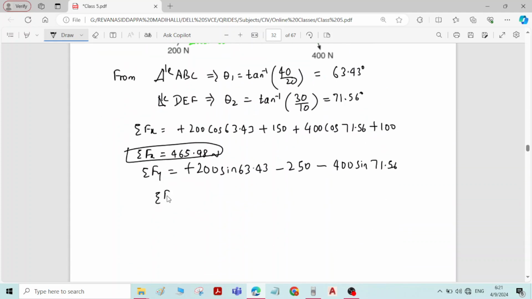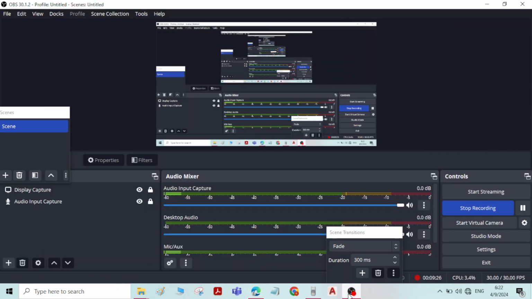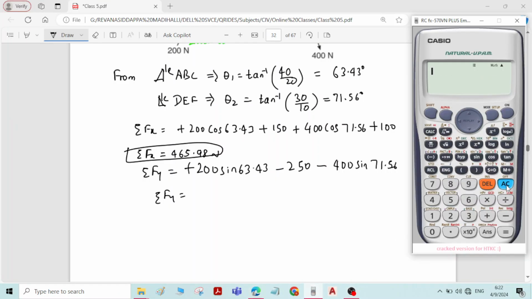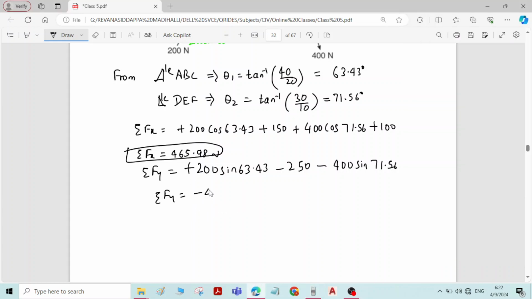Therefore sigma Fy is equal to 200 sin 63.43 minus 250 minus 400 sin 71.56, which is minus 450.58 Newton.